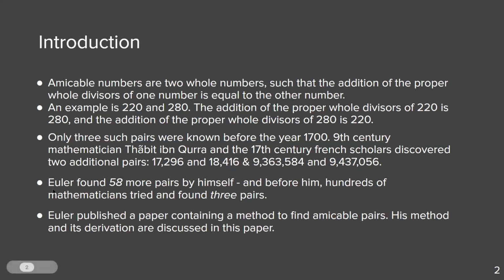Then Euler found 58 more pairs by himself. And before him, hundreds of mathematicians tried and found 3 pairs. How great is that? Euler published a paper containing a method to find amicable pairs. His method and its derivation are discussed in this paper.